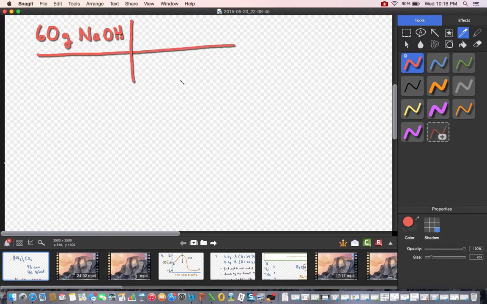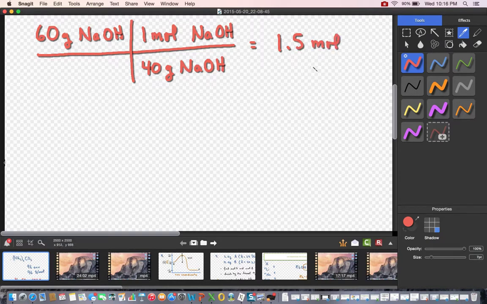We know from previous videos that the molar mass of NaOH is 40 grams per mole. So there are 40 grams of NaOH in 1 mole of NaOH. Of course, 60 divided by 40 is simply 1.5. So I have 1.5 moles of sodium hydroxide.